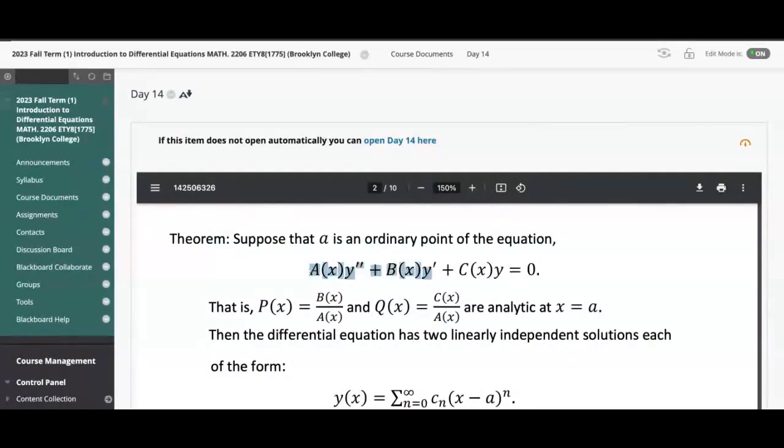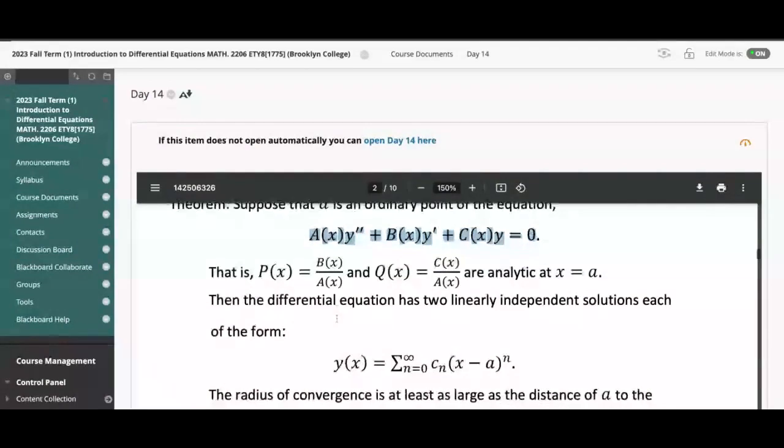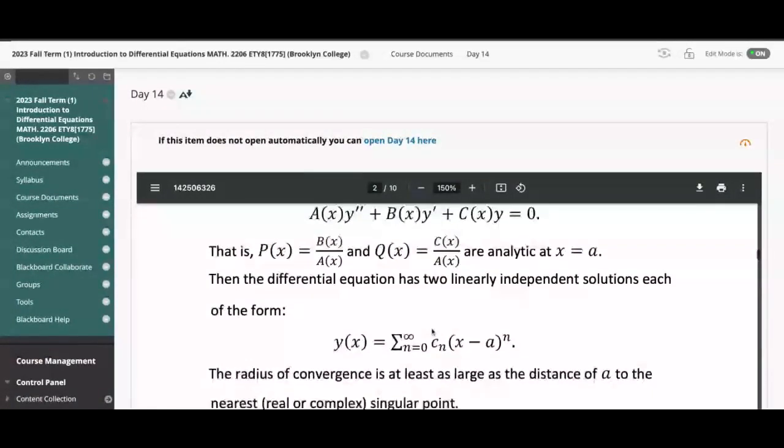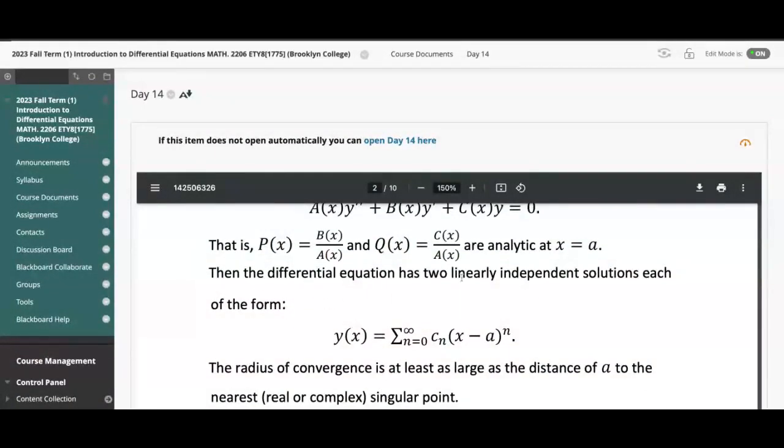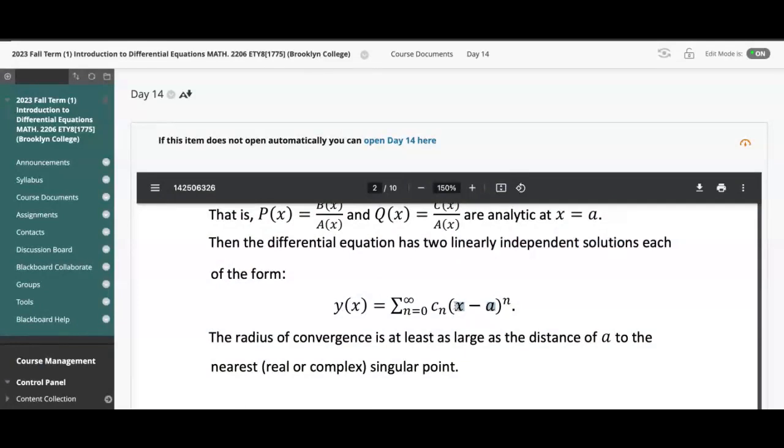The theorem says, okay, if a is the ordinary point of the equation, so that's to say P, Q are analytic at a, then the differential equation has two linearly independent solutions of this form. Okay, what does that mean?